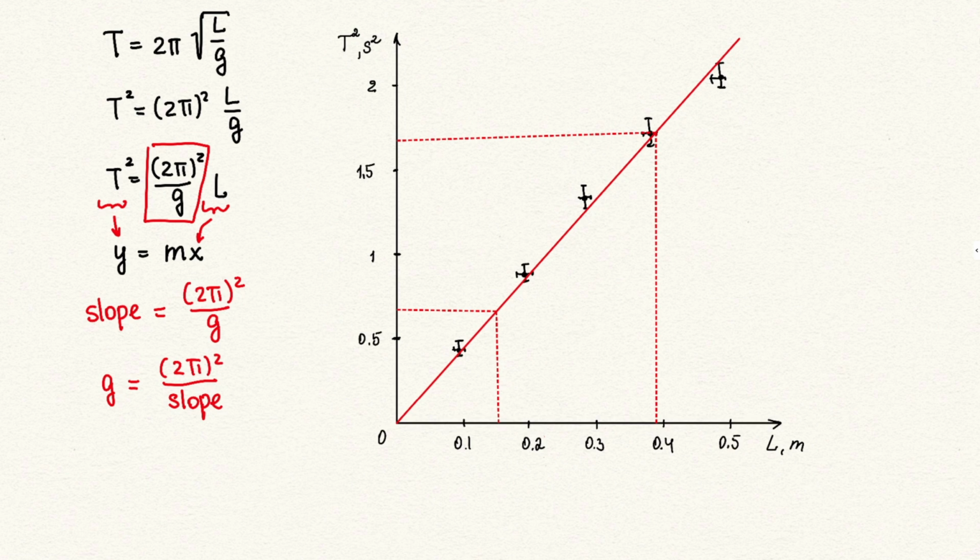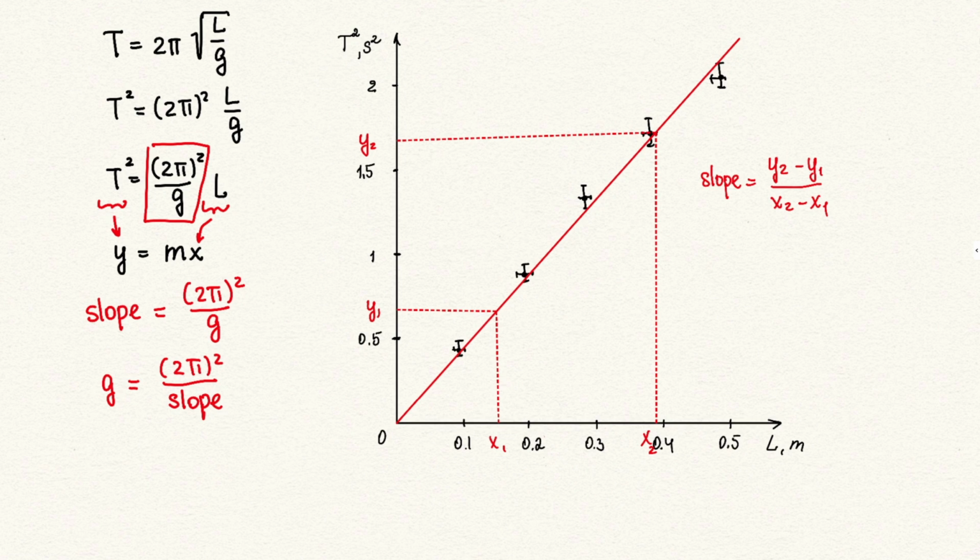And then using these 2 points, you can calculate the slope of this plot. So for example, this is point 1 and this is point 2, with y1 and y2, and then the slope will be equal to y2 minus y1 divided by x2 minus x1.